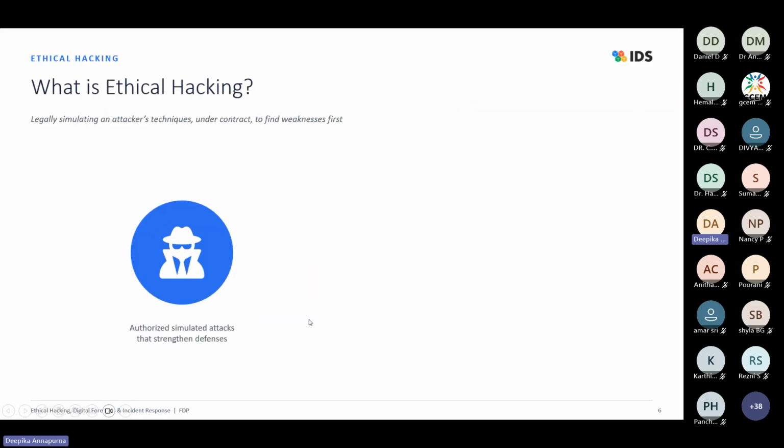So, what is ethical hacking? Ethical hacking is a process of legally testing the system, right? A person will have the authorization to test the system. That is called ethical hacking. He is there to identify the vulnerabilities before an attacker tries to find them.